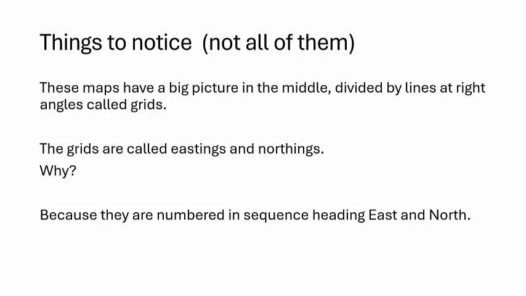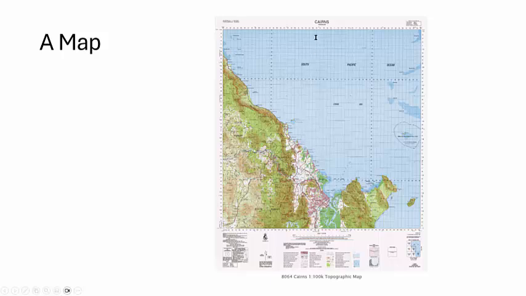The grid. If we go back here, you can see that there's a lot of little squares like an Excel sheet overlaid on this map, and if I expanded this, which I can't, the eastings at the top and the bottom increase in an easterly direction. The northings increase in a northerly direction on the left and the right. Where those two sets of lines intersect, you have a Cartesian grid or a square.